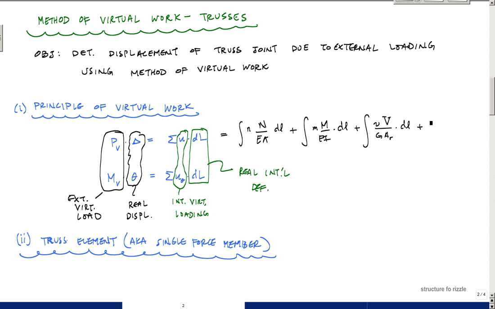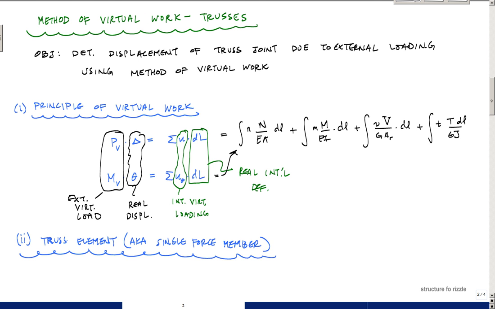And if I have an internal torque, I would have the little torque for the virtual torque, and then the real twist, the angle of twist, dl over GJ. This would represent the angle of twist, okay? And that's really what we're talking about here. This summation is also true for a virtual moment too. So when I apply a moment, I can induce all these things as well in my structure.